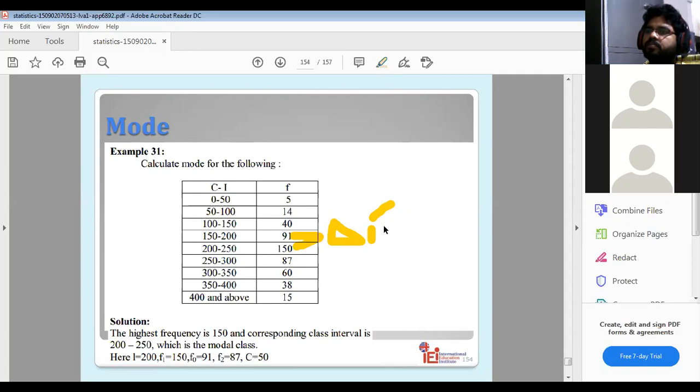Then delta 2 is the absolute difference between the frequency of the mode and its succeeding frequency of the mode. Here we need to ignore the sign. What is the absolute difference between 150 and 87? It is 63. Here delta 2 is 63.